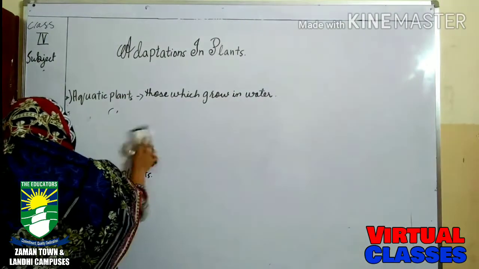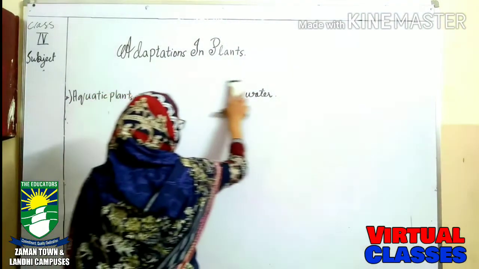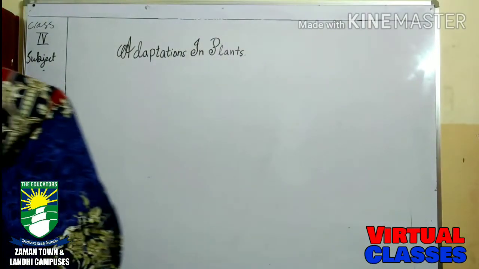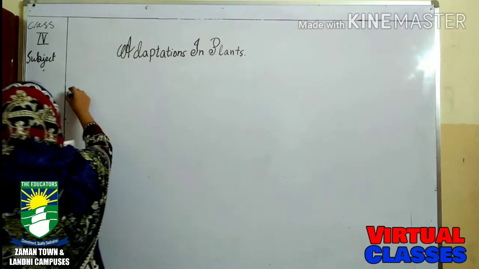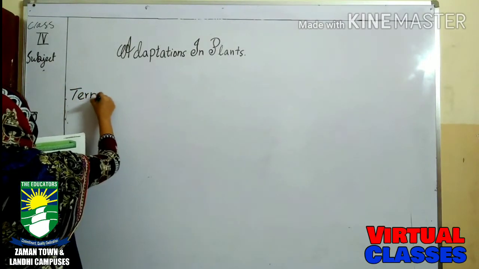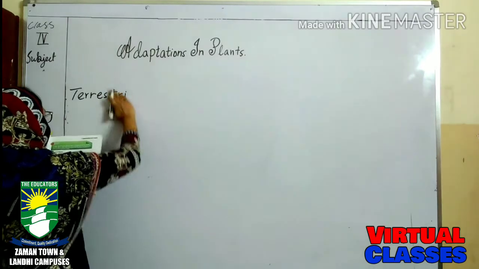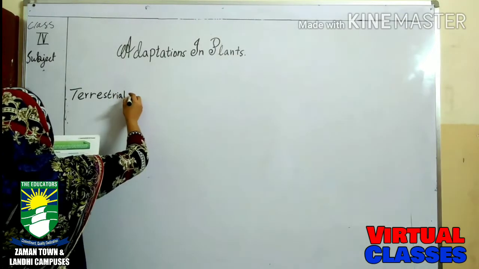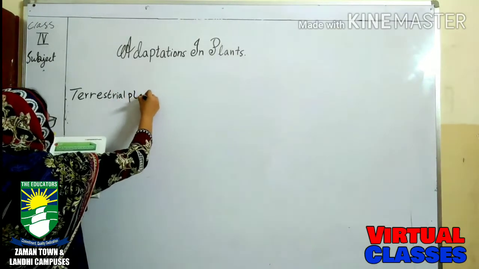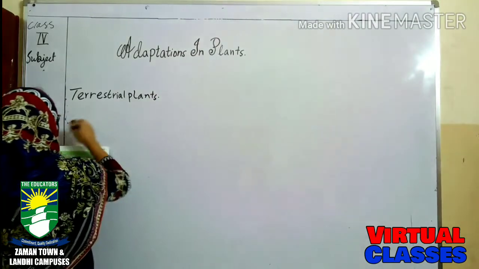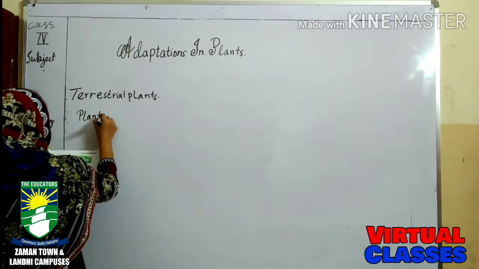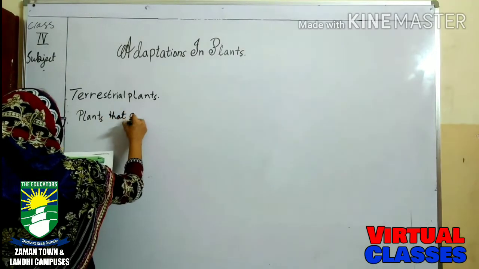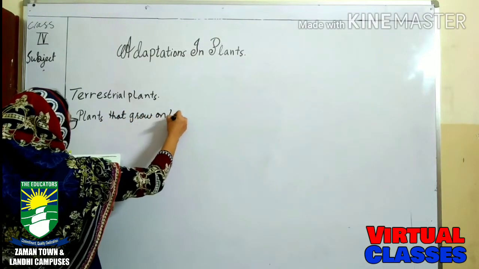Now, terrestrial. What are terrestrial plants? As we know, terrestrial plants are plants that grow on land.